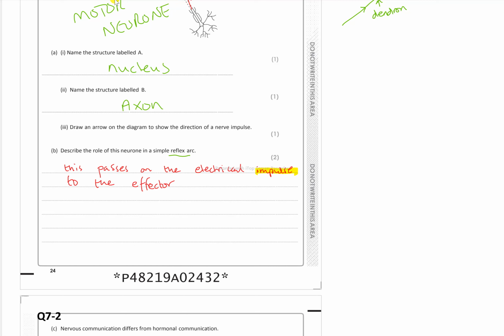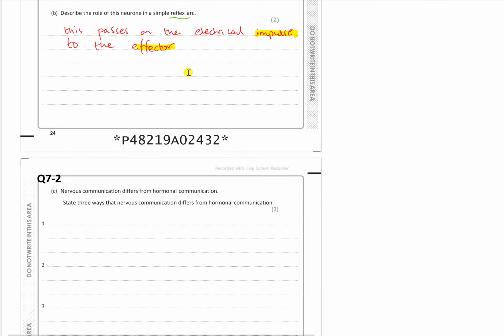So impulse is one mark, effector is the other mark. Right, let's move on.